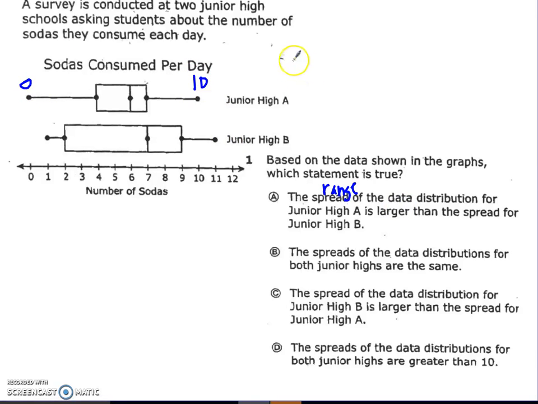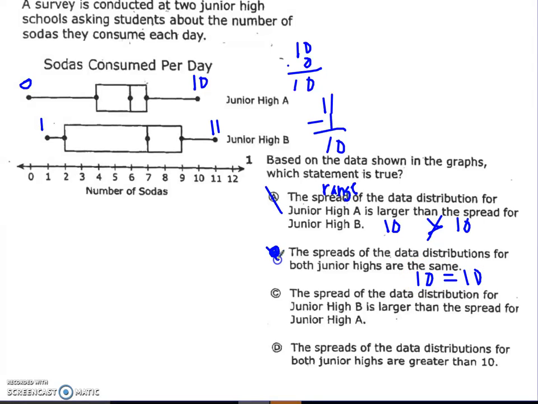So 10 minus 0 is 10. 11 minus 1 is 10. So junior high A is larger than junior high B. No, that's not true. Okay, the spreads of the data distributions for both junior highs are the same. That is true. The answer is B.